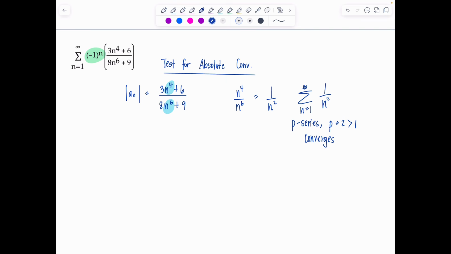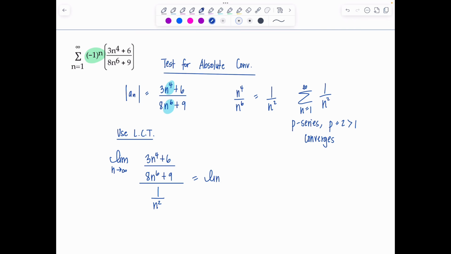Make sure you list all of this out. This is part of your justification when you do limit comparison test, that you can conclude what your series does, okay? So here we go. Look at that limit comparison test coming in as our savior twice. So here we go. Limit as n goes to infinity of (3n^4 + 6)/(8n^6 + 9) divided by 1 over n squared.